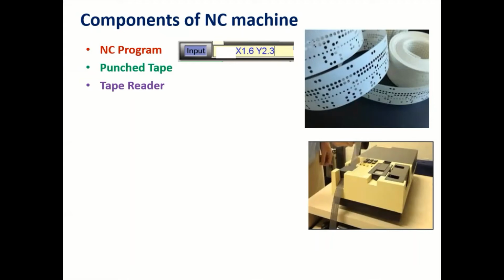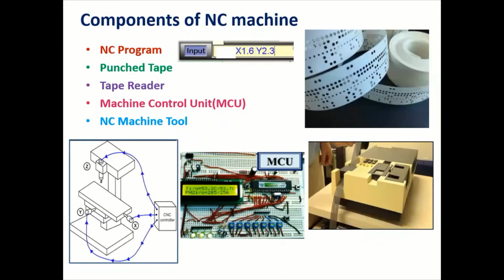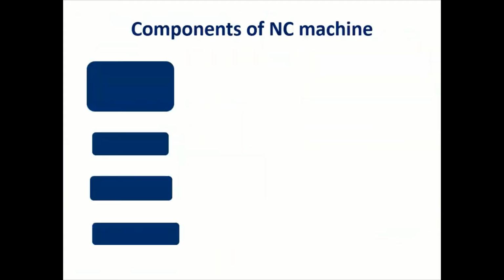Then the machine control unit. Then the NC machine tools, where we can control the spindle, the table, or the motors or drives. Through the machine control unit, we can control the various tools of the NC machine. We'll see the details of the components one by one.